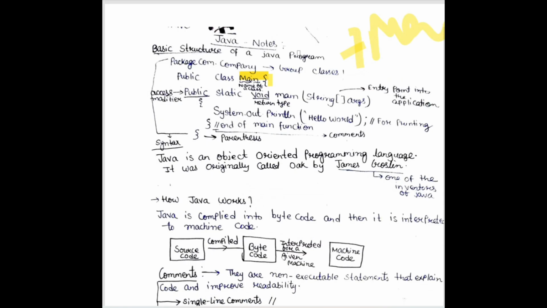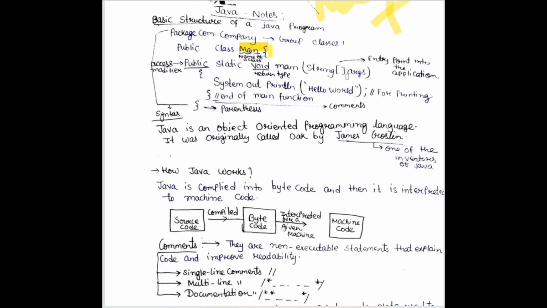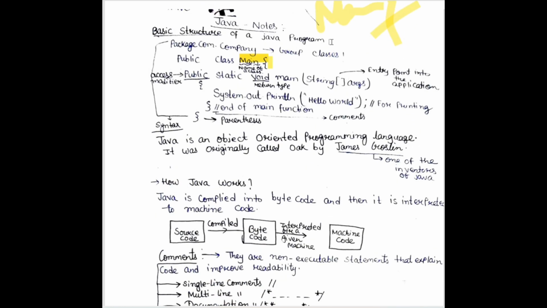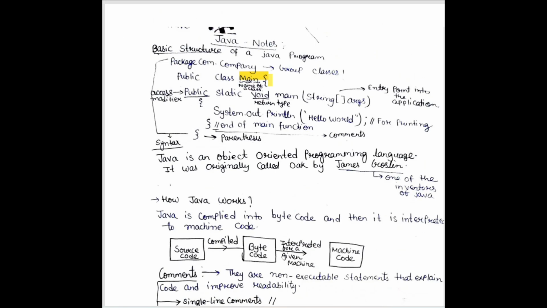So मतलब I want to explain here कि digit पहले नहीं हो सकता है but बाद में हो सकता है. Like if you want to write main7, that is acceptable. And it cannot contain space. Space means suppose you write main Java, so main and then Java. Wait, I want to show you with an example. Then it will be clear for you, right?